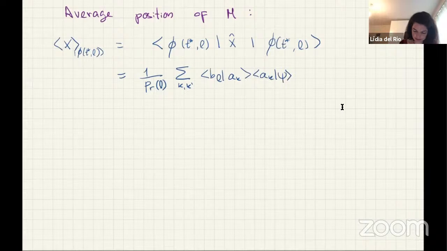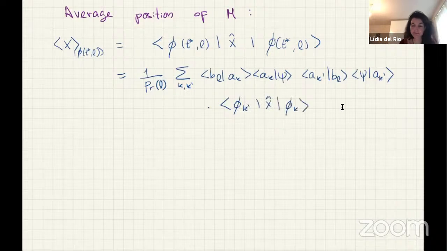Then we get AK prime, BL, and then we get psi AK prime. And this whole thing is multiplied by, now I'll put, times phi of K prime X phi of K. Well, and now we need to compute this thing here.